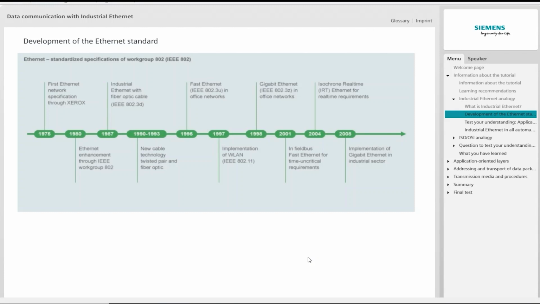Fast Ethernet was standardized as 802.3U and was introduced in office networks in 1995. The wireless LAN standard 802.11 followed 2 years later. Higher data transmission rates have been possible since 1998, with Gigabit Ethernet 802.3Z, which can also be used in industrial environments. You will find further information in the glossary on the highlighted terms shown in the graphic.